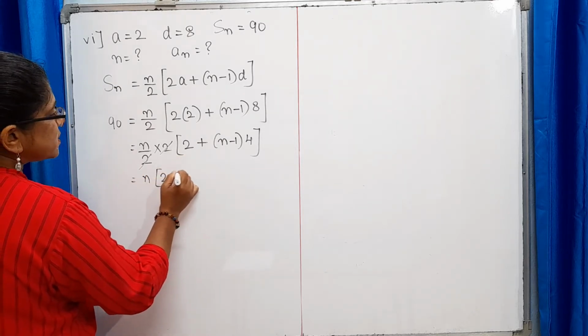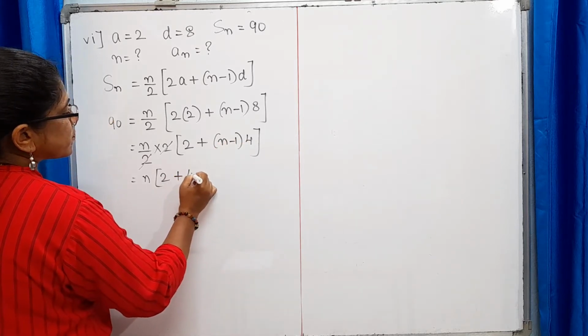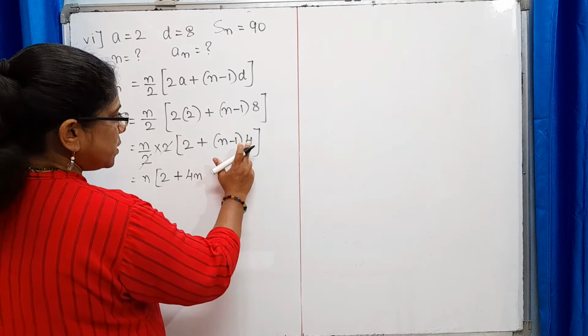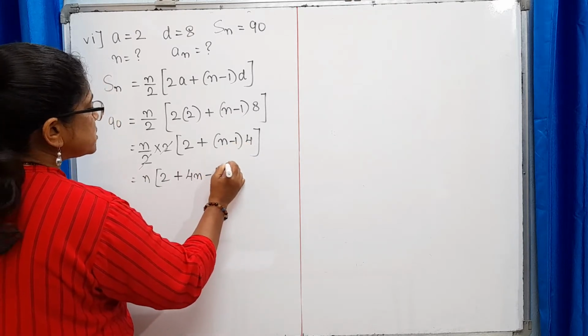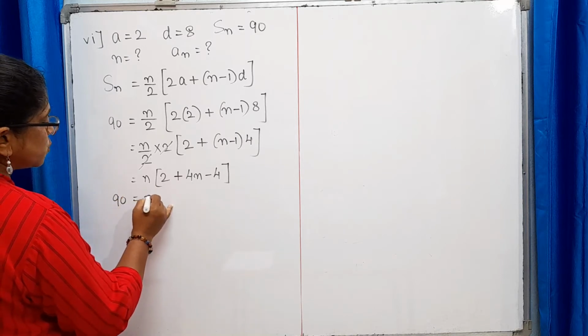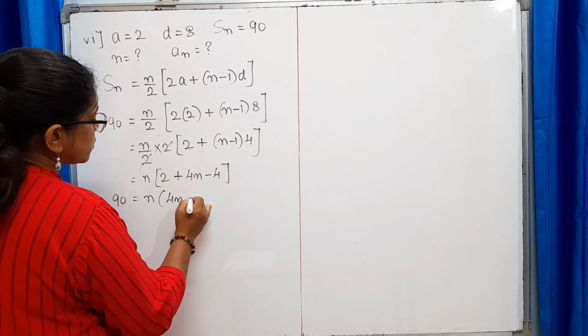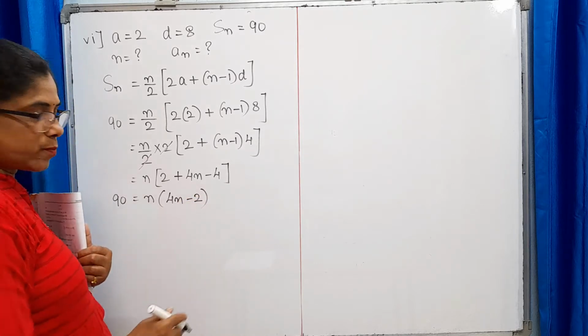Now, let us see what is there in this bracket. 4 into n is 4n, minus 1 into 4 is minus 4. So, 90 is equal to n into 4n. 2 minus 4 is minus 2.